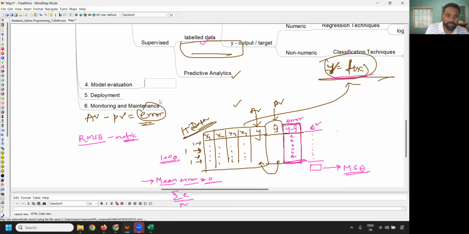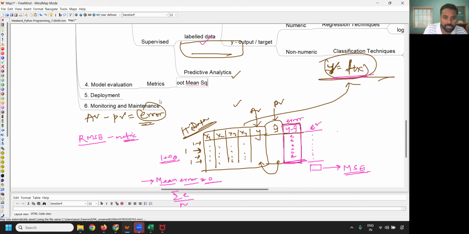Here we will talk about metrics. Depending on what kind of output the model is giving, we implement that specific method and it gives us the specific metric. For regression techniques, the metric that we use is RMSE, which is root mean square error.